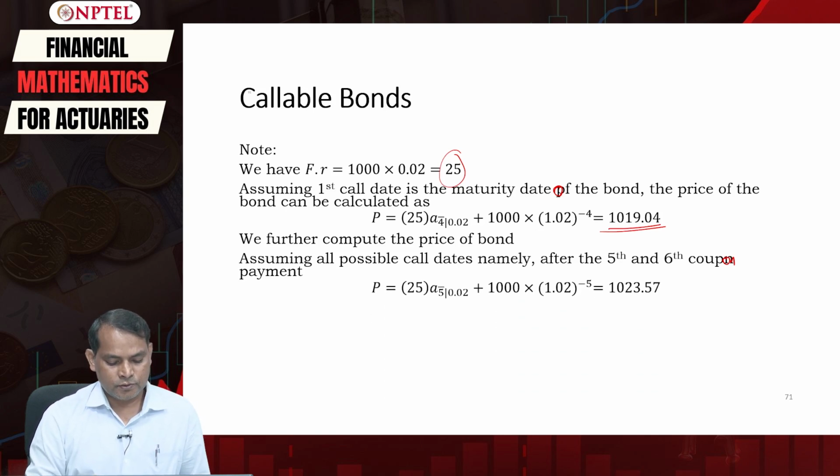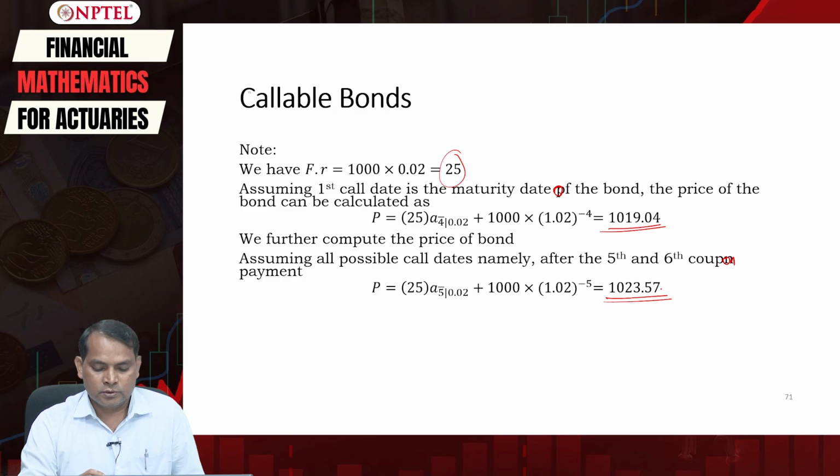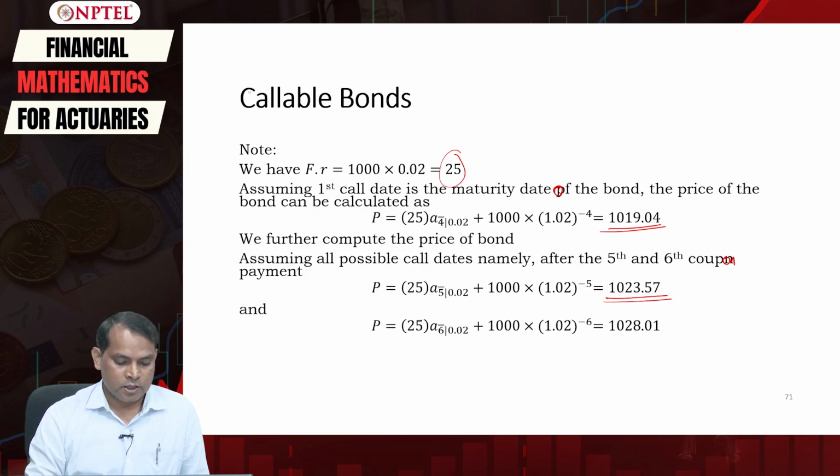So P equals, therefore, with n equal to 5 and the same i of 0.02, we again compute the price of the bond after the 5th coupon payment, and again compute the price after the 6th coupon payment.